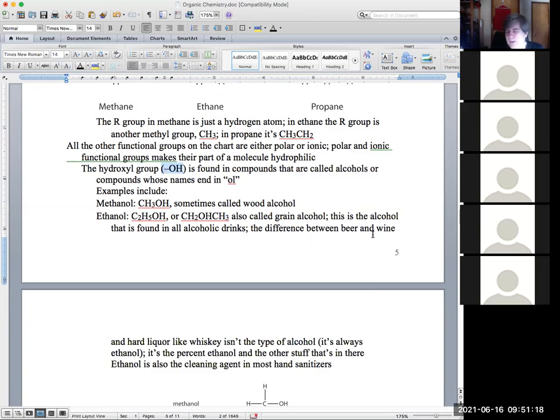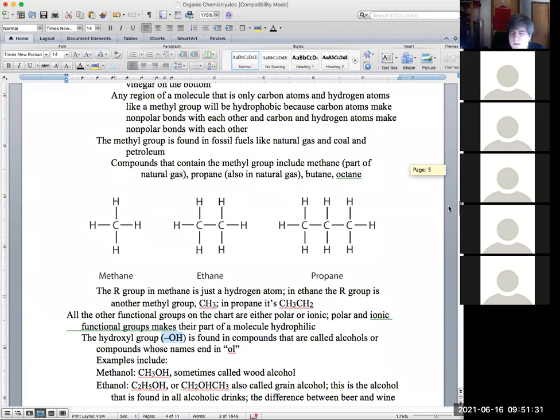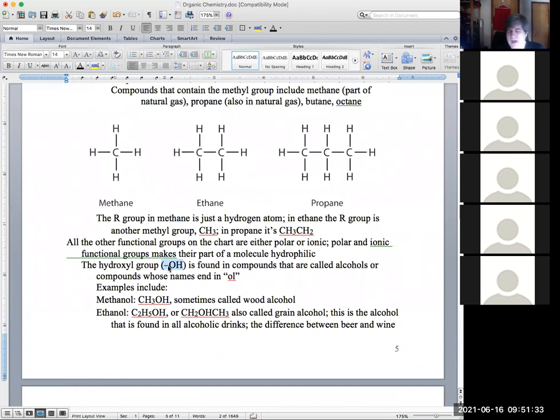In our diagram up above, our little chart, that dash was the line going down to the R, to the rest of the molecule. So sometimes the R is written there, sometimes the hydroxyl group is just shown with that dash.